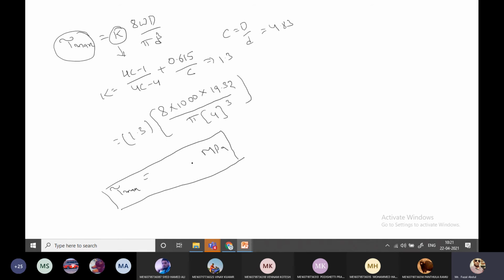Roll number 70 has given 1015. Very good. 1017. So 1017 megapascal. Is it right for all? Just check whether roll number 70 has given the correct answer or wrong answer, I don't know. If you people all get the same answer, then it is correct.